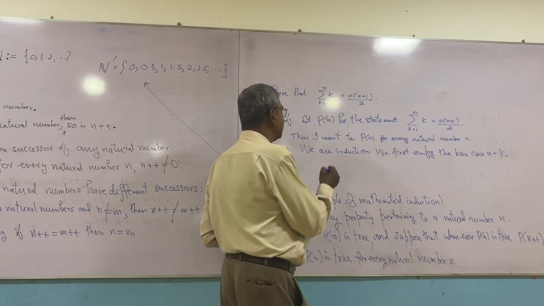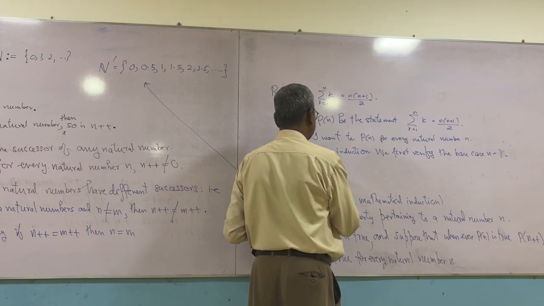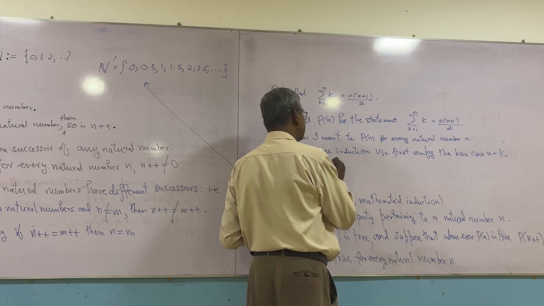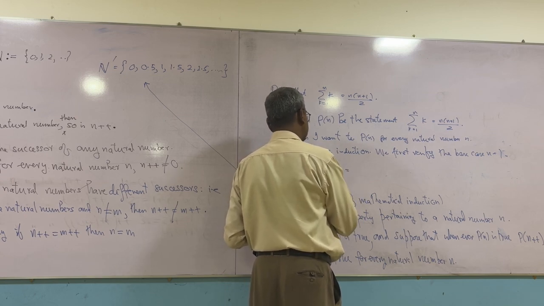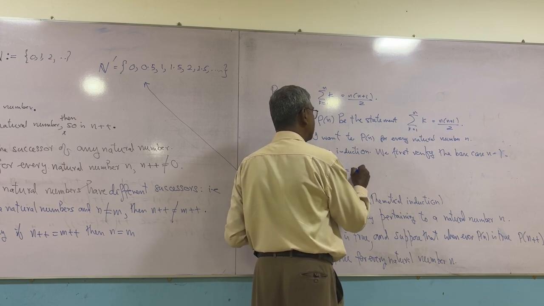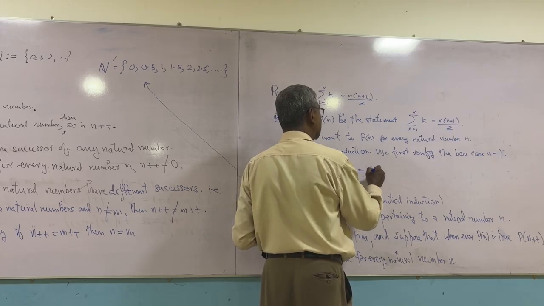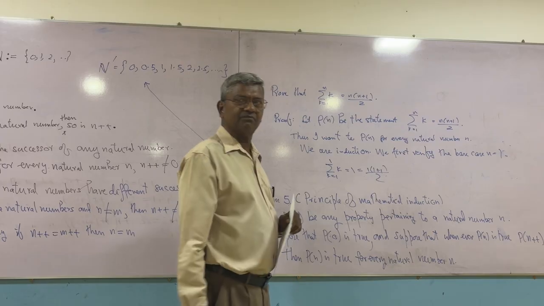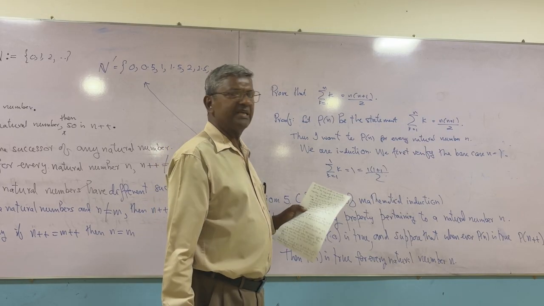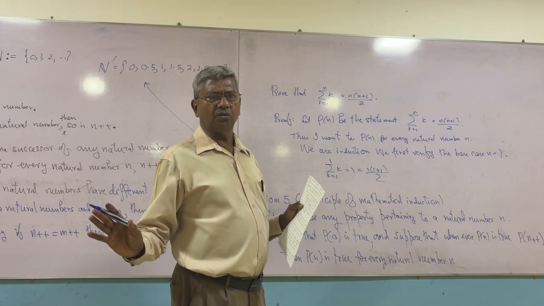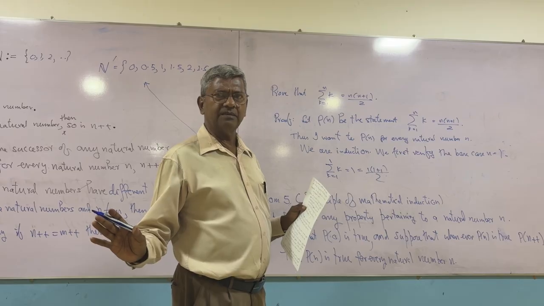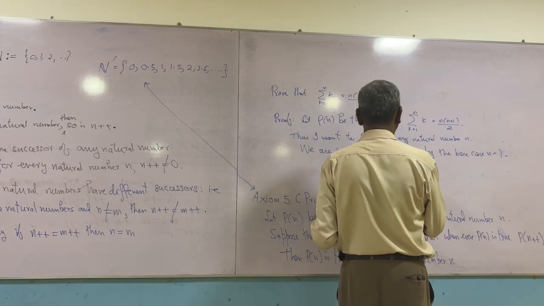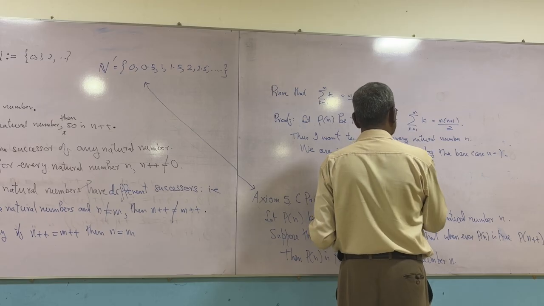So that is true P. If you add sigma k going 1 to 1, that is actually 1, which is equal to 1 times (1 plus 1) divided by 2. Therefore the base case is true. Hence the base case.